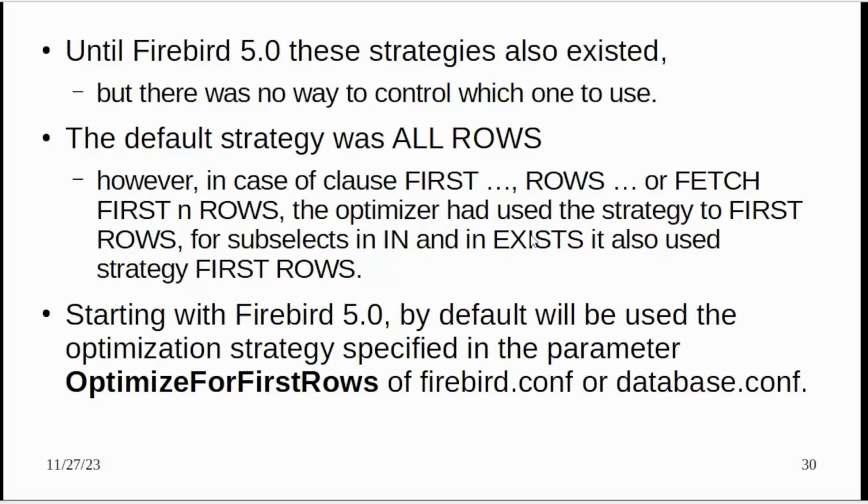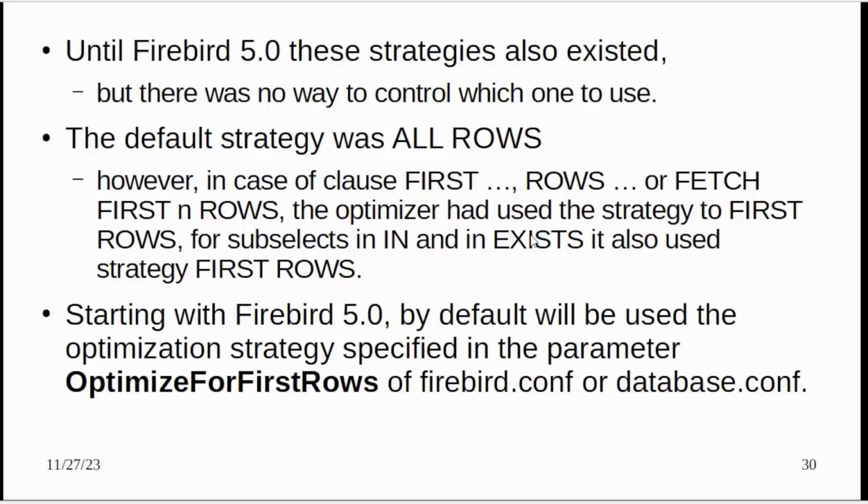We will just notice that these strategies actually existed before Firebird 5, but there was no way to control which one to use. The default strategy was to return all rows, and the optimizer in Firebird 4 and below had optimized only first rows clauses or subselects to return first rows.